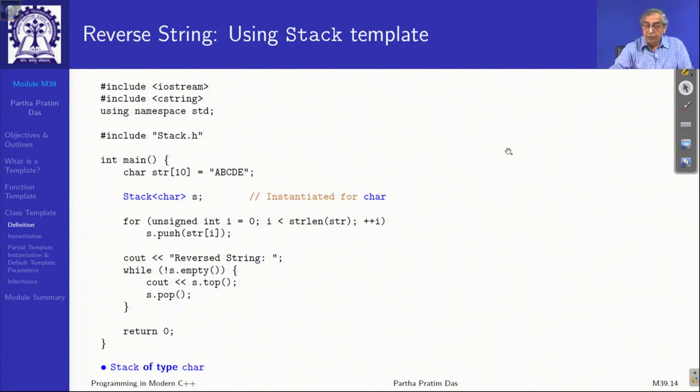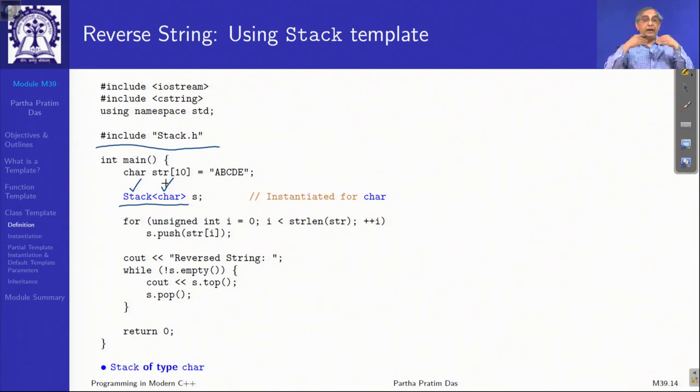So, how do we use it? Once we have got that template defined, as we have done in this header file, we use it in a manner which is very similar to the way we did in case of function. We had the function name followed by the type being instantiated with in angle brackets. Here we have the class name followed by the type. So, this defines a stack of character.